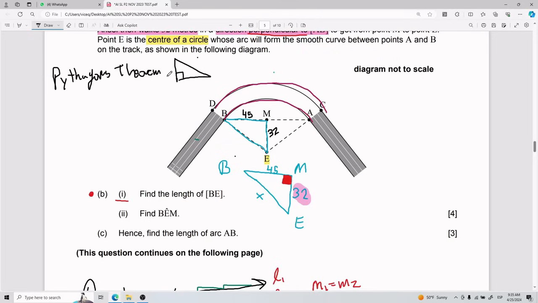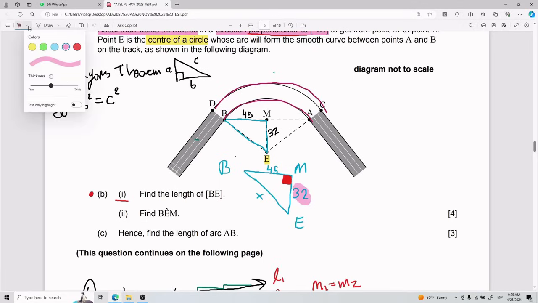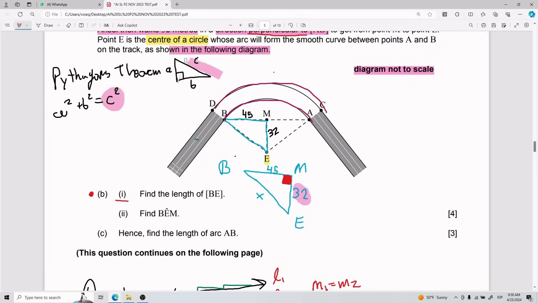So whenever you have the Pythagorean theorem, we're going to call this A, this B, and this C. Now notice, C is the long one. C is the one that is alone. And so in the formula, A squared plus B squared equals C squared, all that really matters is that the C that you pick has to be the one that is on the hypotenuse. C has to be on the long part.